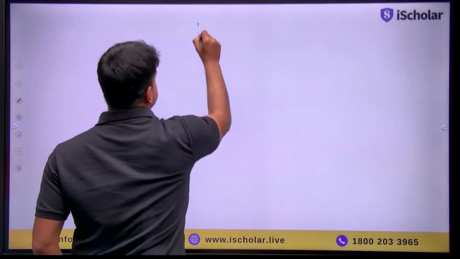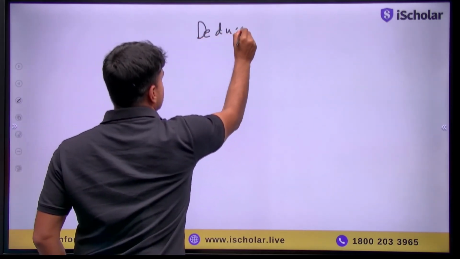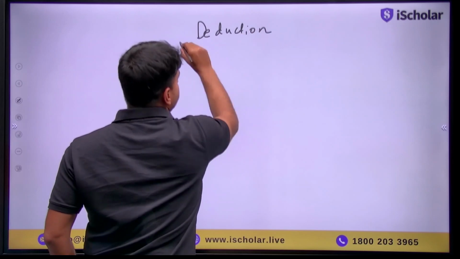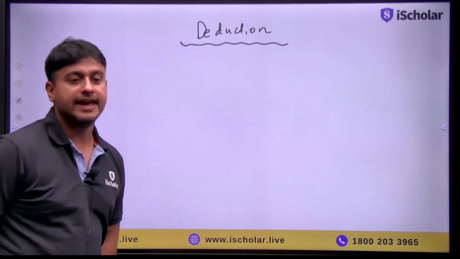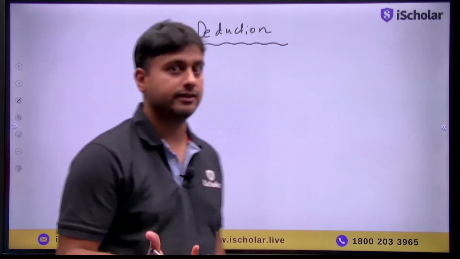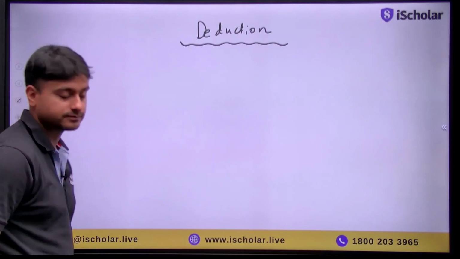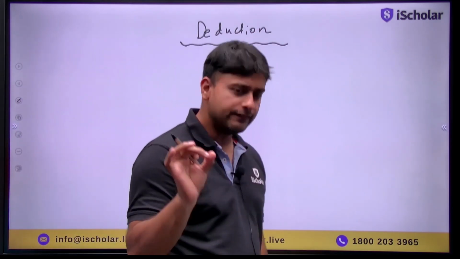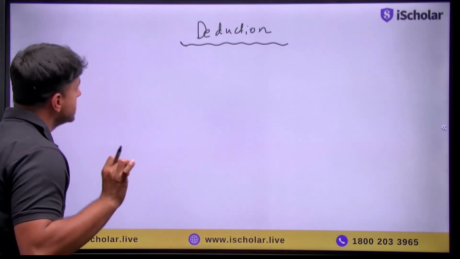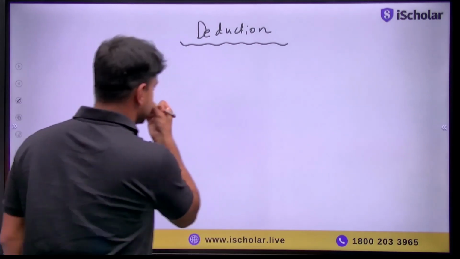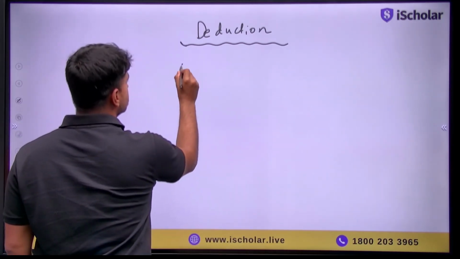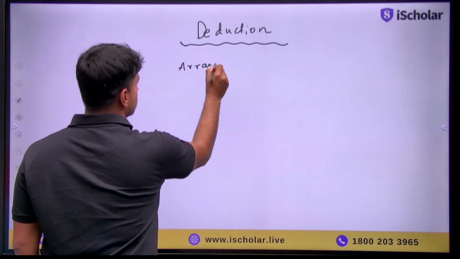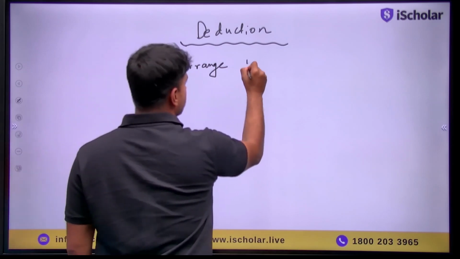So deduction. I will use a very interesting experiment in this. I'll do an experiment. Okay. So what I will do is, let's suppose I have to arrange 5 objects.